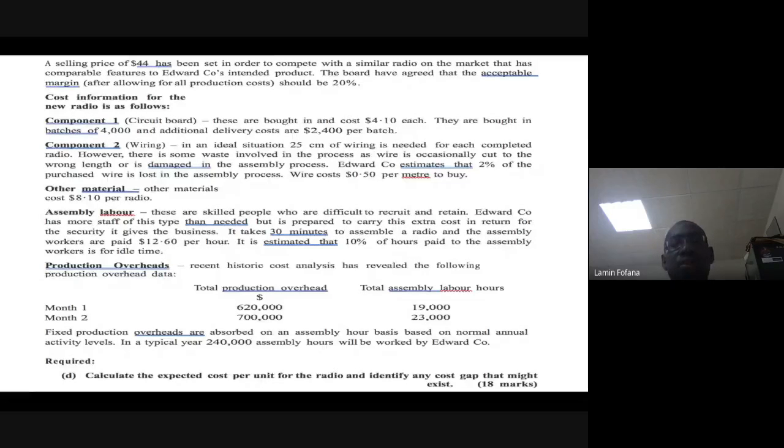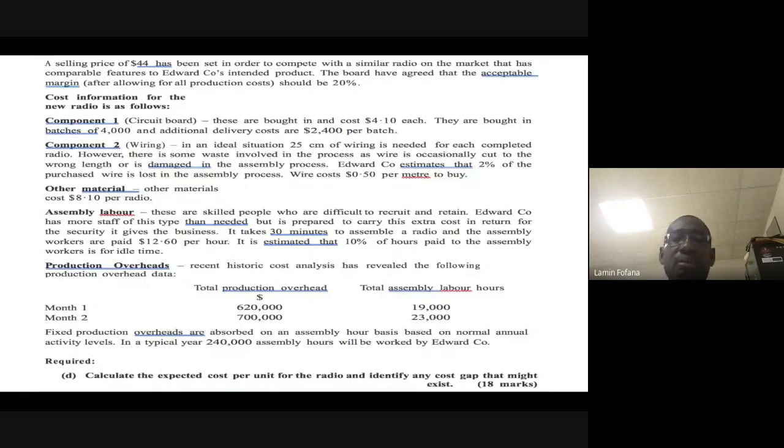So I need to separate them. We can separate them using different methods. You could use the scatter diagram method, you could use linear programming method, and you could use the high-low method. As accountants, what we prefer is the high-low method. The high-low method is an easy way of separating fixed costs from variable costs.